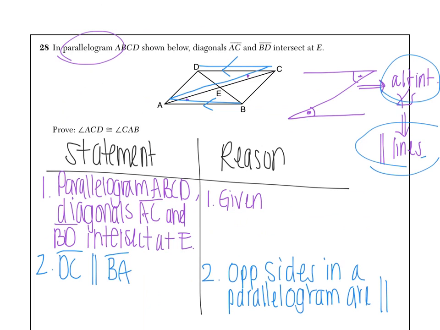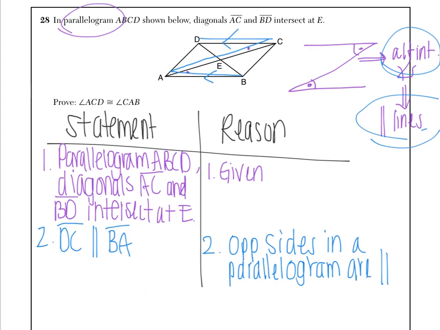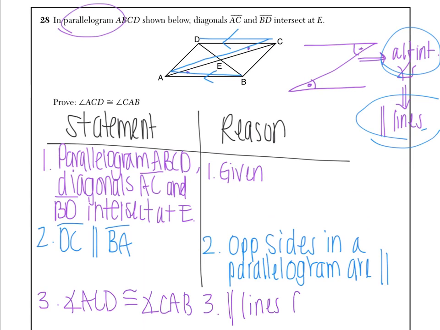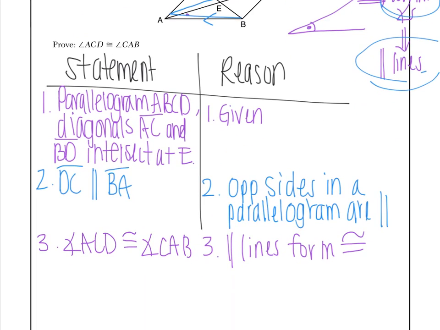So then because we have opposite sides that are parallel, we then know that our two angles, angle ACD, is congruent to angle CAB. And the reason for this is because parallel lines form congruent alternate interior angles.